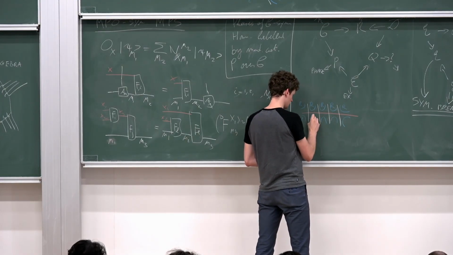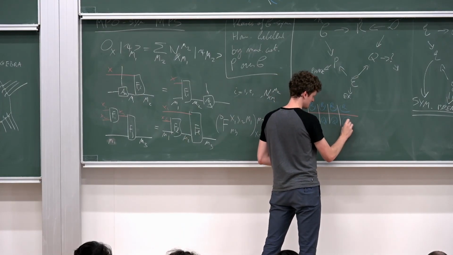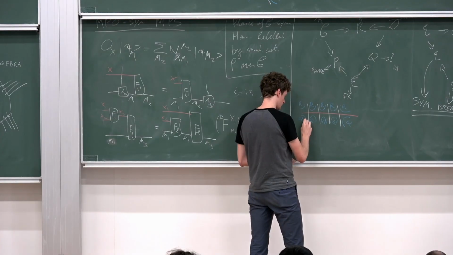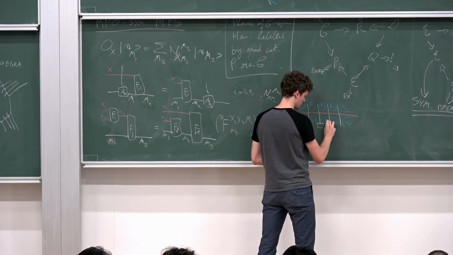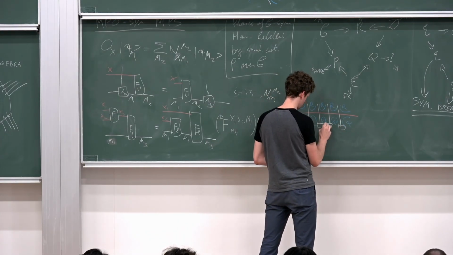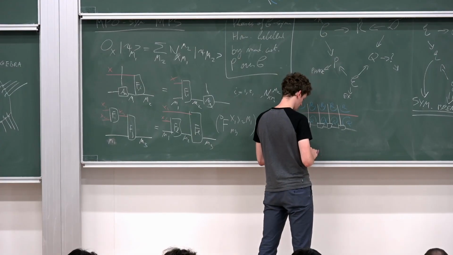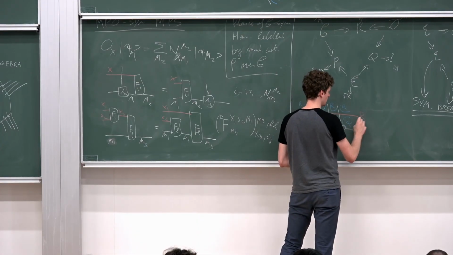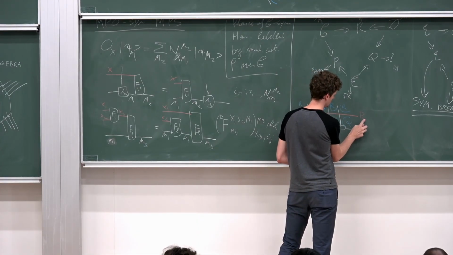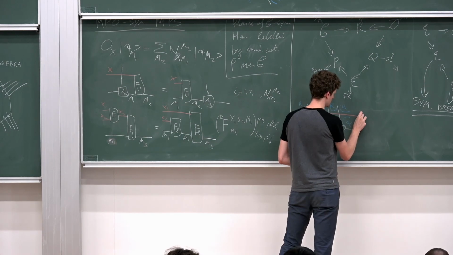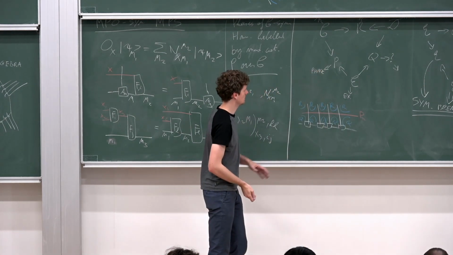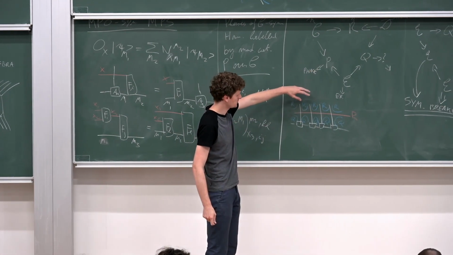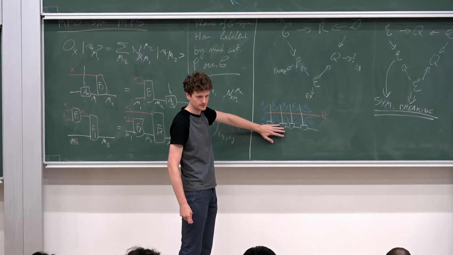And here on the bottom I get these Q, and then I act on some generic matrix product state like this. And then this red line here is labeled by P. That's the duality operator. So any matrix product state in some phase P can be written like this.